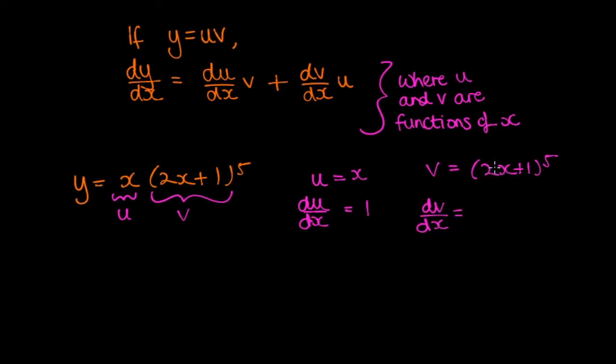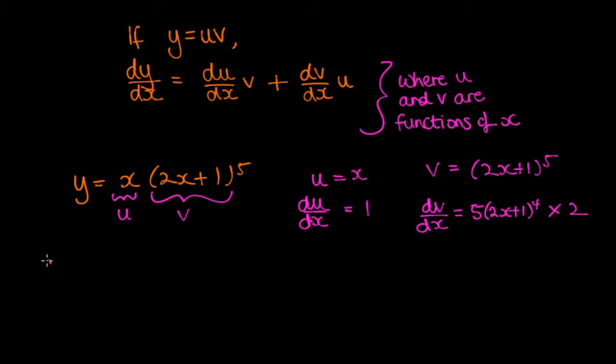So take 2x plus 1 to be the inner function and take the fifth power to be the outer function. So we bring down the power, we get 5(2x plus 1) to the power of 4, and we multiply by the inner derivative, the derivative of 2x plus 1 is 2. So we get 10 times (2x plus 1) to the power of 4.